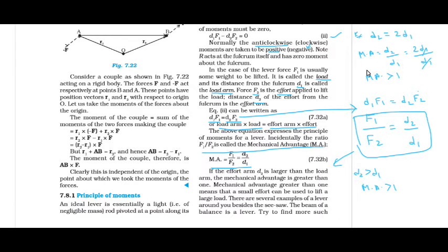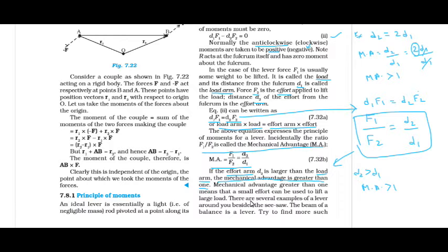So at any point in time, if d2 is greater, that means the effort arm is greater than the load arm, then the mechanical advantage will be greater than 1. This is very important for the objective questions, for NEET and other exams.